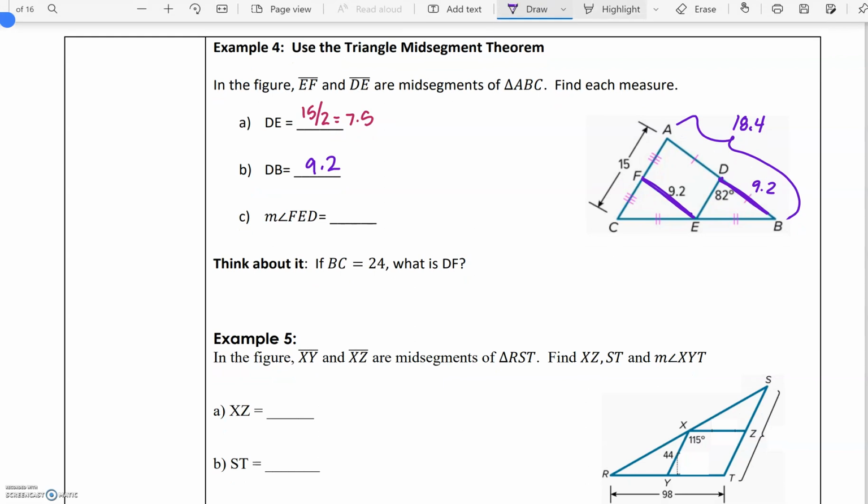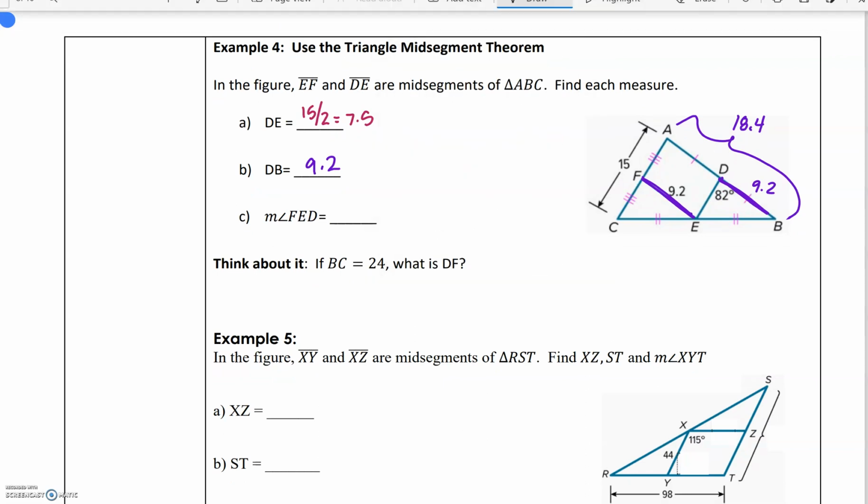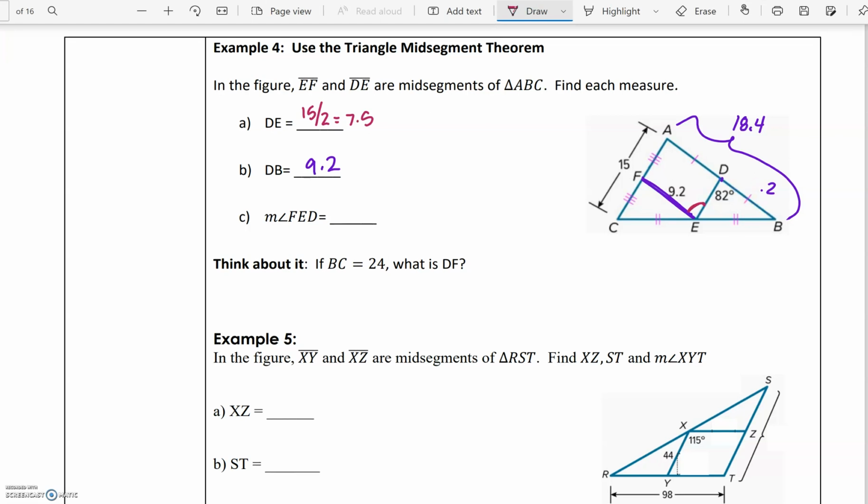Angle FED. FED is this angle right there. And so we have parallel lines. And when we have parallel lines and we have a transversal, alternate interior are going to be the same. So that would be 82 degrees there.